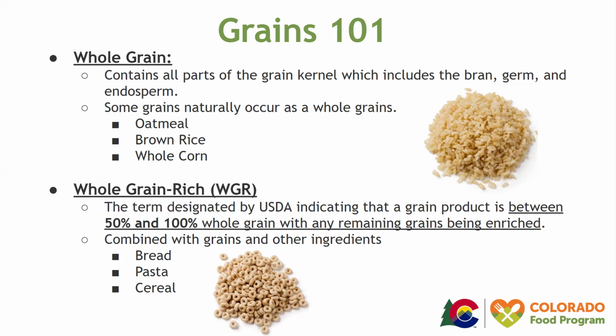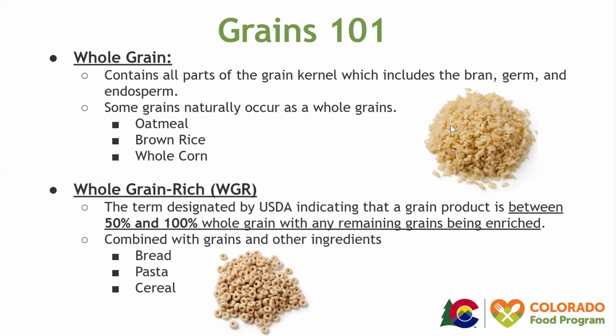This is a term designated by USDA, and it indicates that a grain product has between 50 and 100% whole grains, with all remaining grains being enriched. Think of this as a product that has some grains, but some other ingredients too, such as water, sugar, eggs.